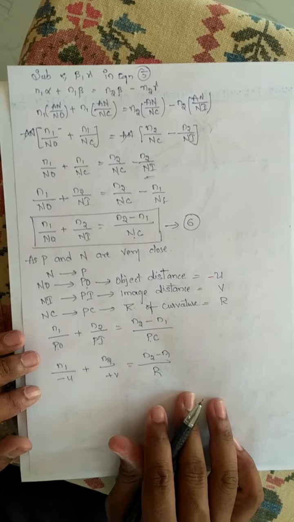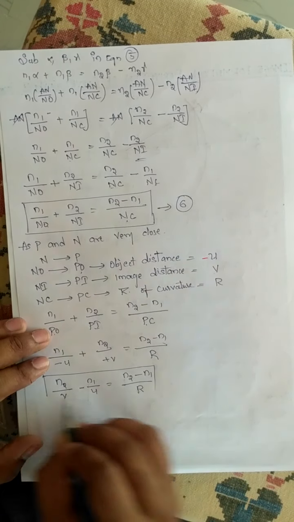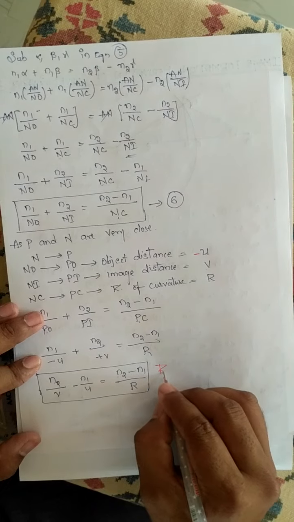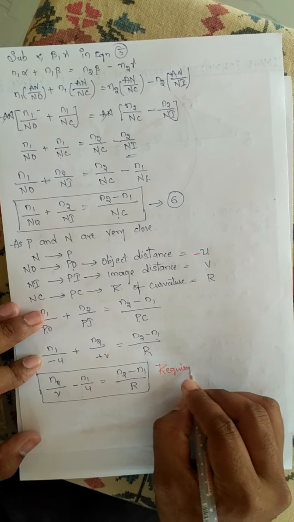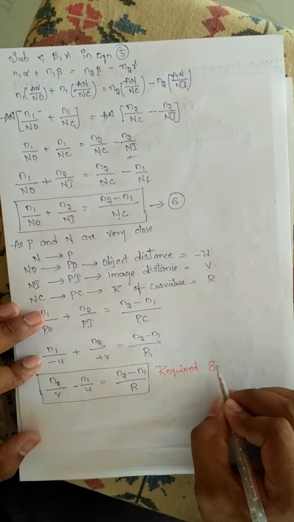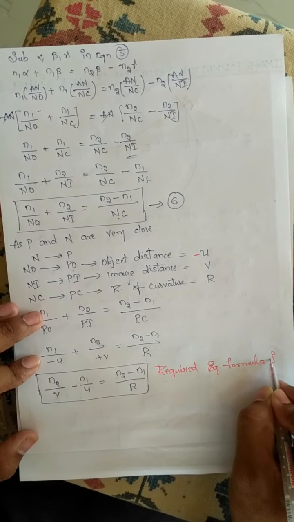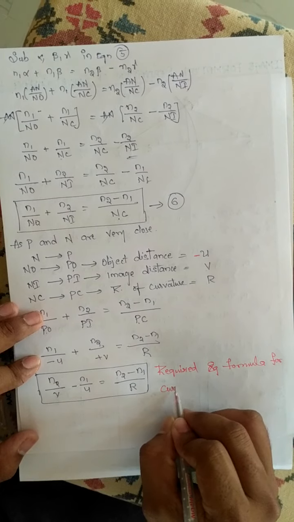So this is the equation. Just reshuffling: n2 by v minus n1 by u is equal to n2 minus n1 by r. This is the required equation, or required formula, for a curved surface.